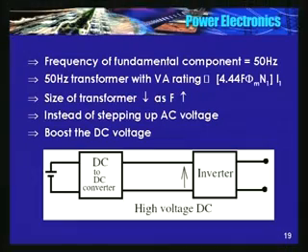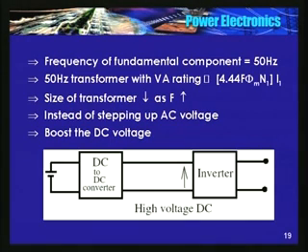So something like this. Low voltage DC 12 volts, a DC to DC converter, of course using a transformer. Now what sort of a transformer? It is a high frequency transformer. The transformer used in push pull, the transformer used in forward. These are high frequency transformers. So size comes down.